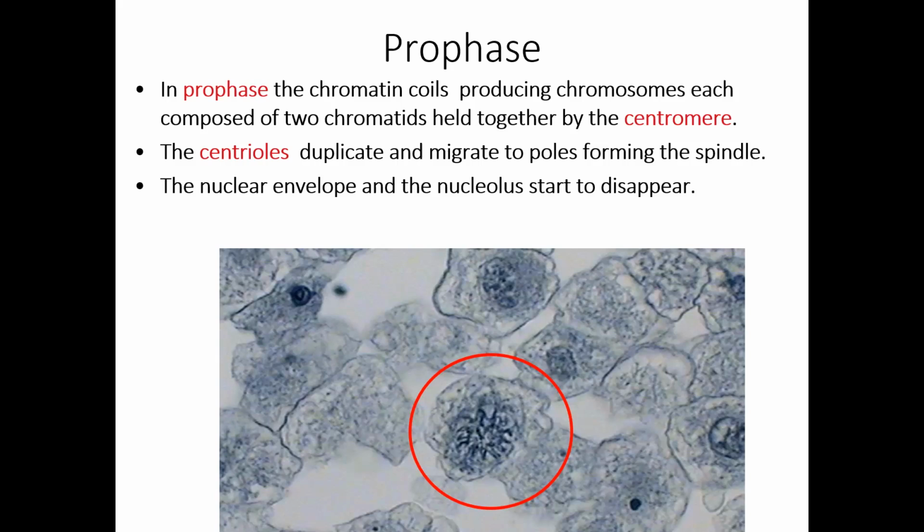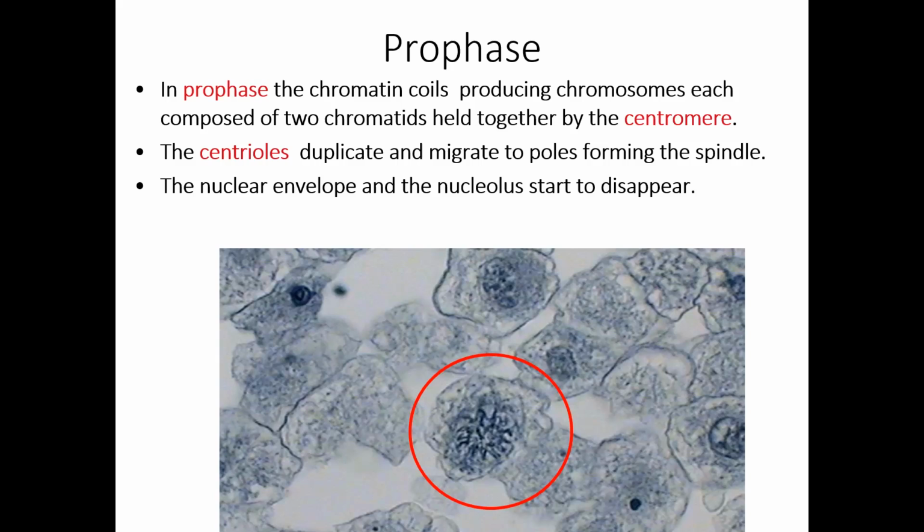It's going to either be an X and a Y or an X and an X, depending on the sex of the individual. They condense, they become visible. The nuclear membrane breaks apart and disappears.